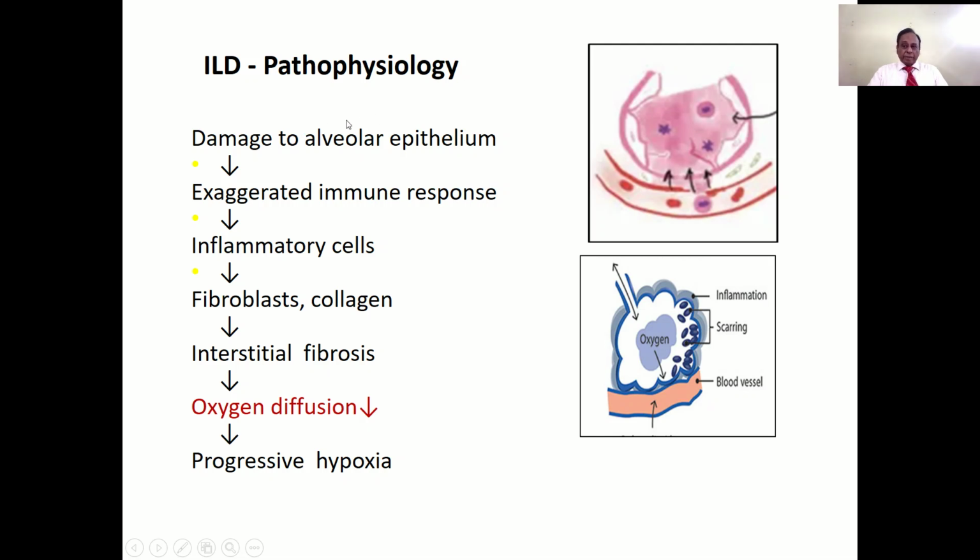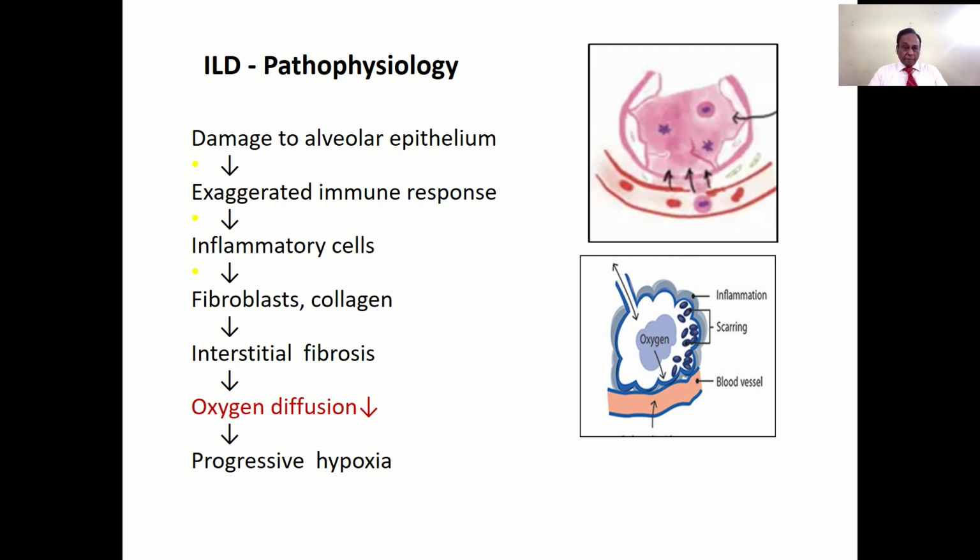Coming to the pathophysiology, look at this, this is the alveoli. Normally the oxygen comes from here and goes to the vessels, the capillaries. From here carbon dioxide goes out like that. Somehow in ILD, damage to the alveolar epithelium occurs. Wherever there is an injury, there is an exaggerated response. In our body, it is a rule.